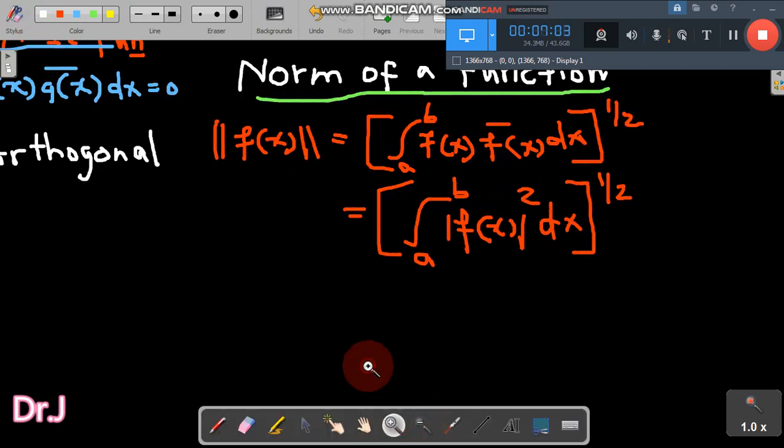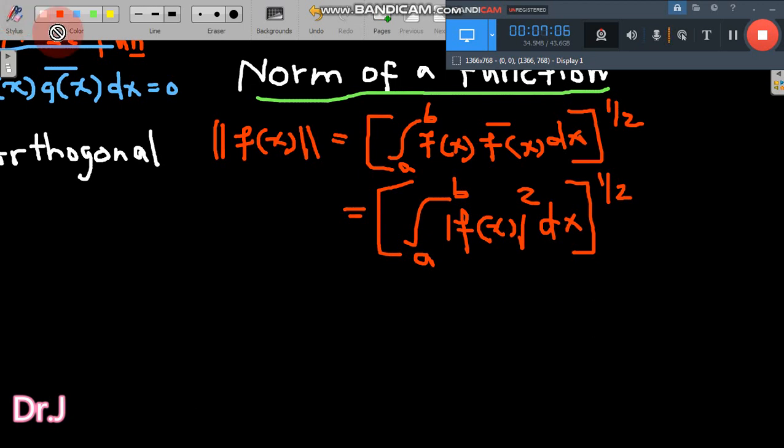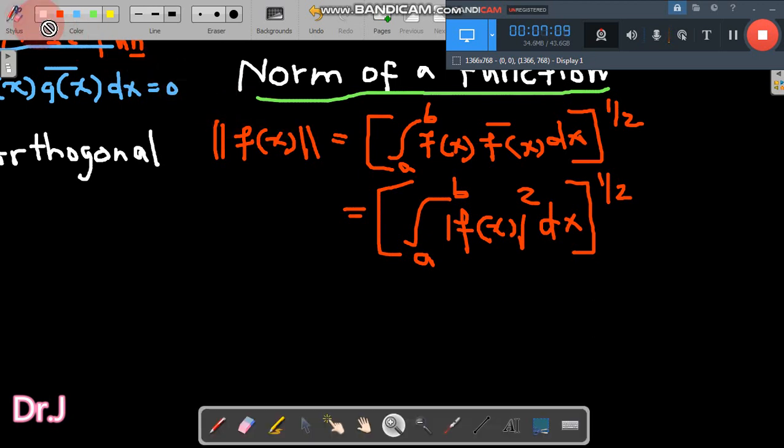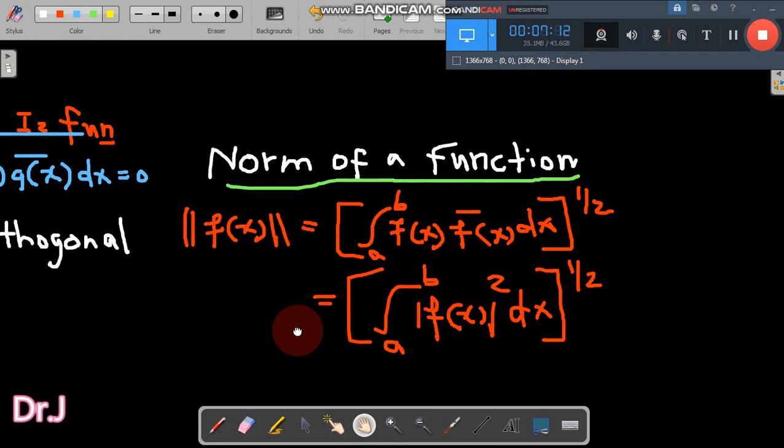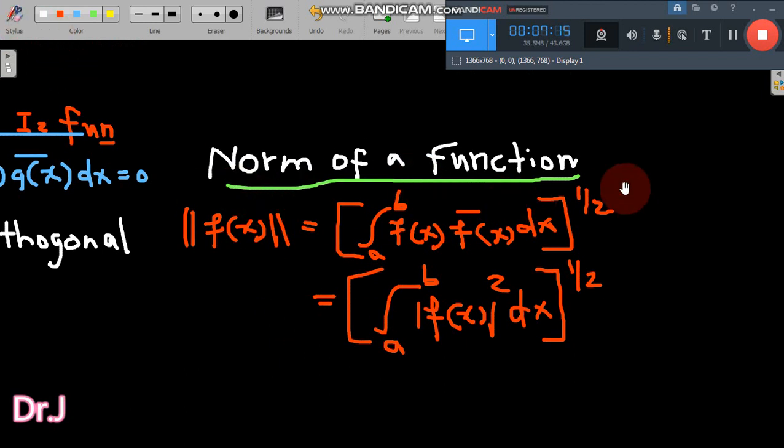Now only one last definition remains: the norm of a function. Suppose f of x is a function. The norm is nothing but the inner product of f of x and its conjugate, integrated from a to b dx, and then you take the square root of that.